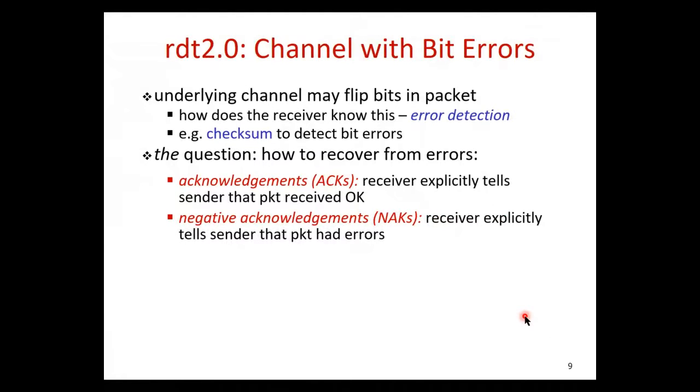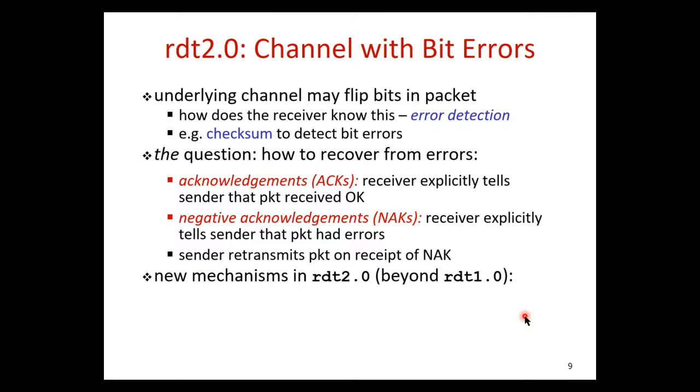A negative ACK, or NAK, means that the packet was received, but it had some errors in it. This is sent over the feedback channel back to the sender, and then the sender just retransmits the packet if it receives a NAK. That is how we recover from errors.